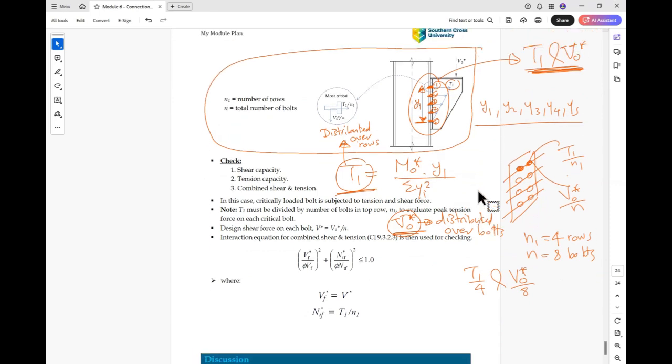In this case, the interaction equation should be used for combined shear and tension, because we have tension force T1 over 4 and shear force V star over 8. Then you can check the forces and find if it is a safe design or not.